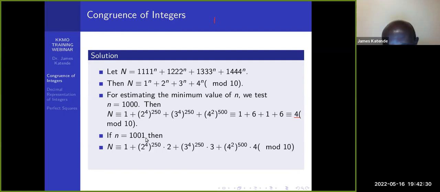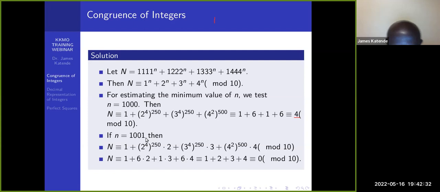So using the same ideas, it turns out that the remainder when n is 1,001, the remainder when this n is divided by 10 is actually 0. So I've not used anything new other than the ideas we worked with earlier.